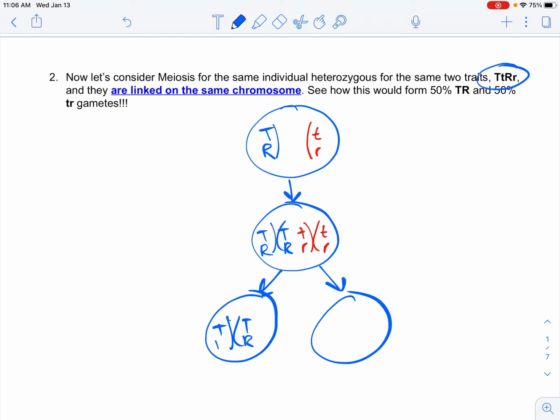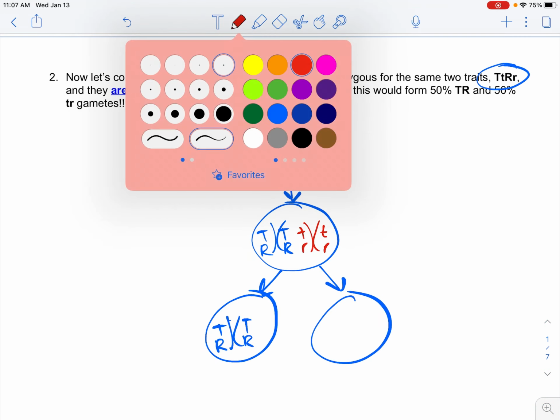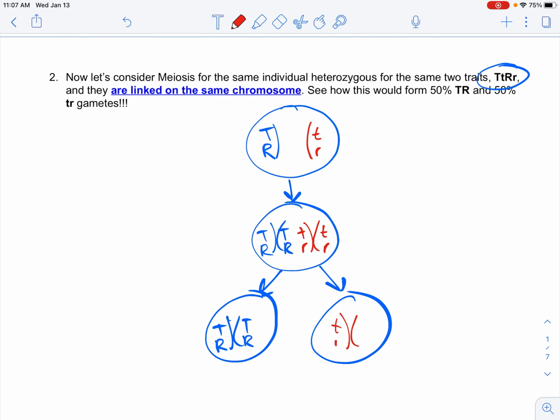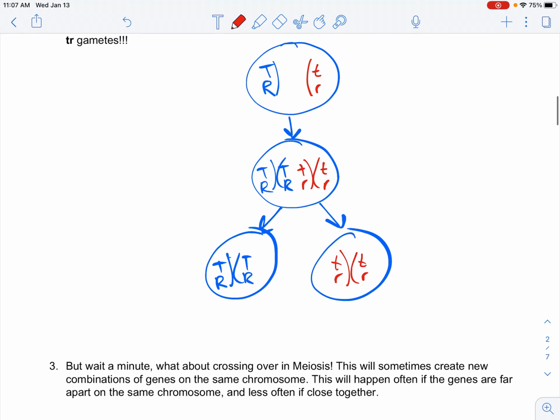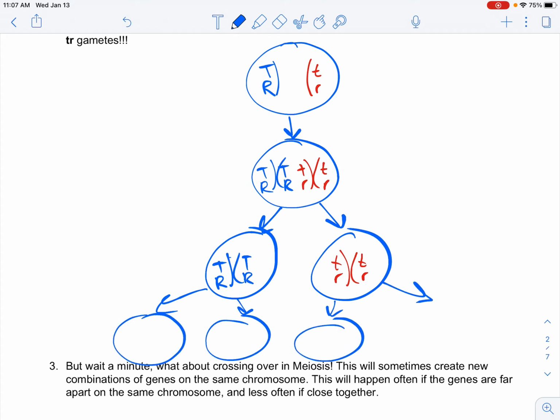Here we go. And then in meiosis 2, these are going to get pulled apart even further. And we're going to end up with 4 reproductive cells. And I'm not even showing the chromosome, I'm just showing the trait.